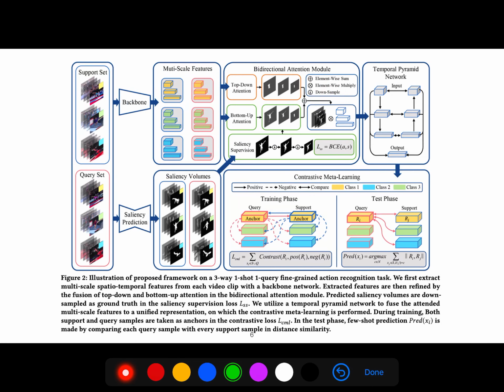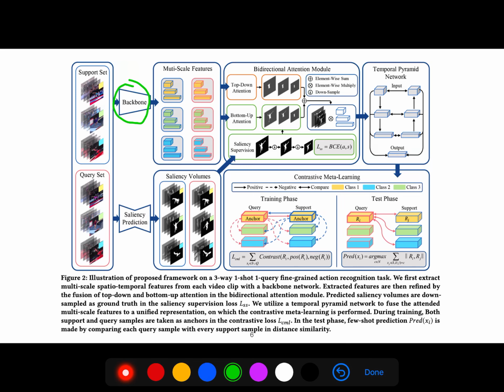This is an illustration of the proposed framework in a three-way one-shot one-query fine-grained task. We first extract multi-scale spatio-temporal features from each video clip with this backbone network. Then the extracted features are refined by the fusion of top-down and bottom-up attention in the bidirectional attention module. Predicted saliency volumes are downsampled as ground truths in the saliency supervision loss.